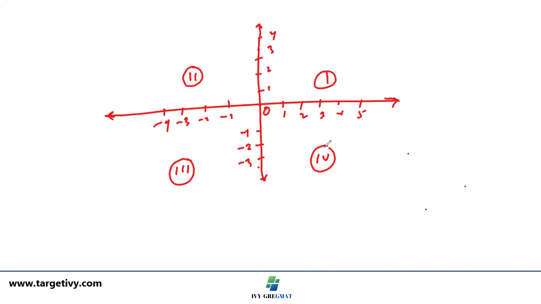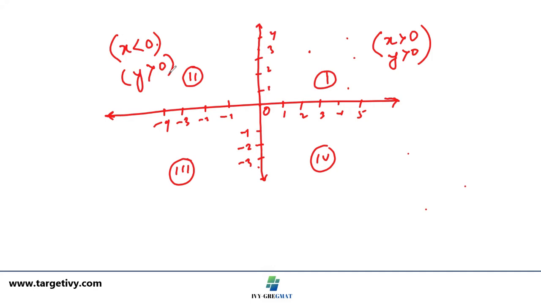Fair? Any point here in the first quadrant will have x more than 0 and y more than 0. Any point on this side will have x less than 0 and y more than 0.